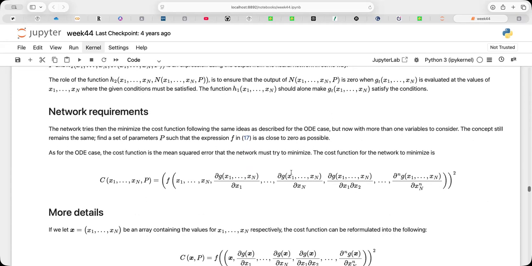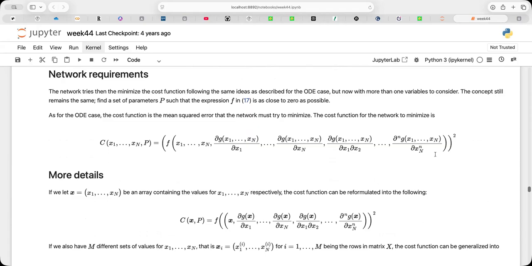And I'm still going to optimize something like this, but now I have to be careful because I need more derivatives. But that's the only thing which changes. So what changes is obviously the boundary conditions, the initial conditions you have, and the type of derivatives. But with automatic differentiation, you can easily set up these derivatives without too much pain.